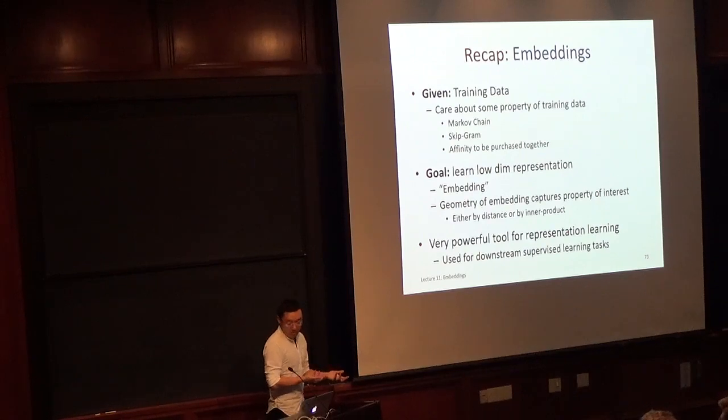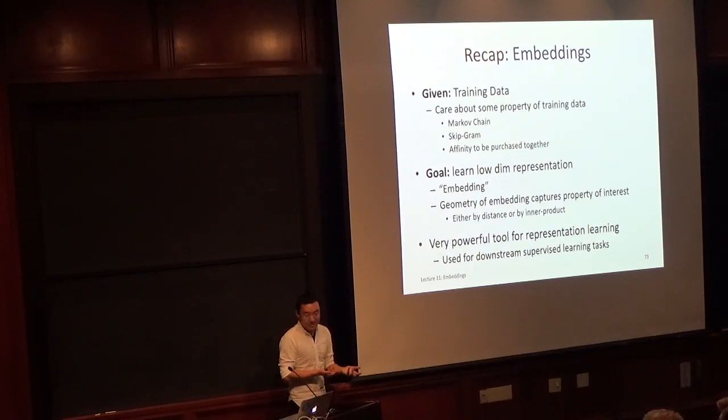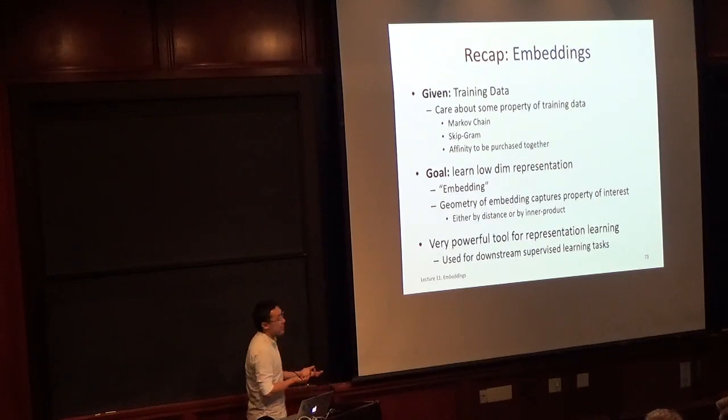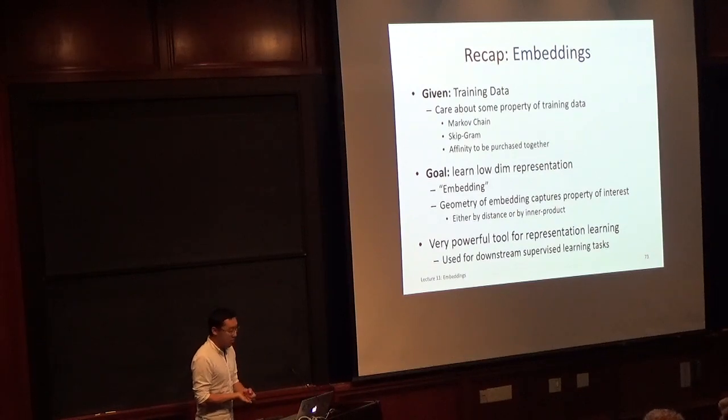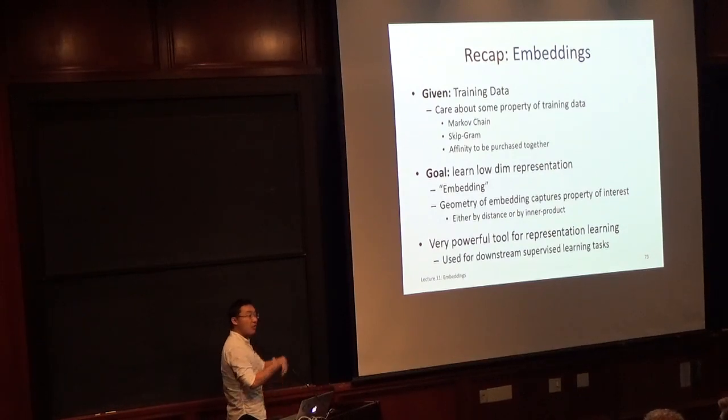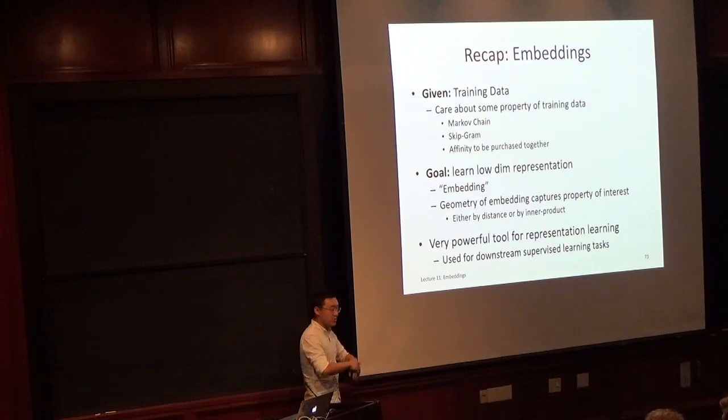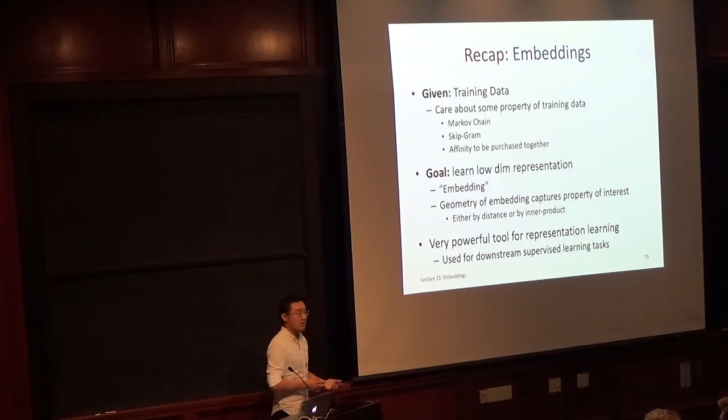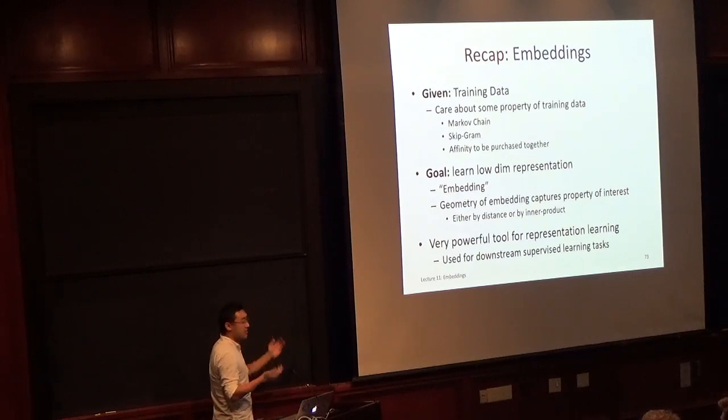And one of the things that's very neat is that these days you can use these embeddings as a tool for learning features, learning representations. So in the past, people used to handcraft representations, and now you can just learn them automatically via embedding learning.